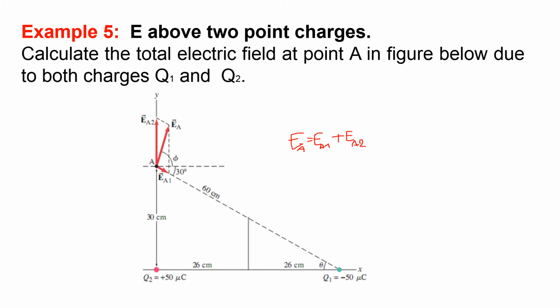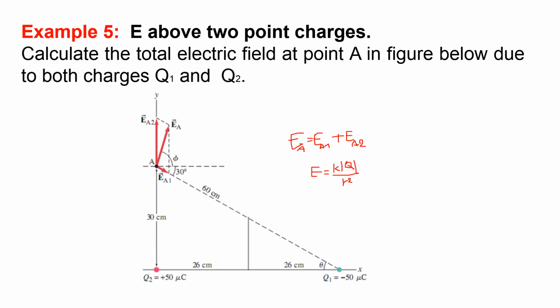We know how to calculate this electric field. Electric field is equal to K times the magnitude of the charge divided by the square of the distance between the charge and the point where the electric field is calculated. Here, we need to first consider the direction of the individual electric fields.